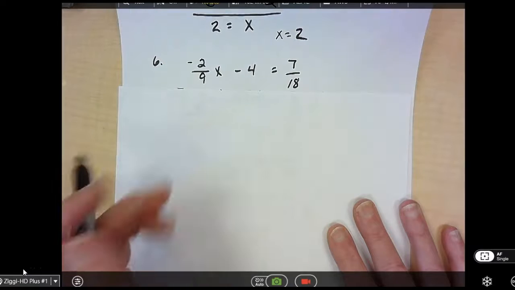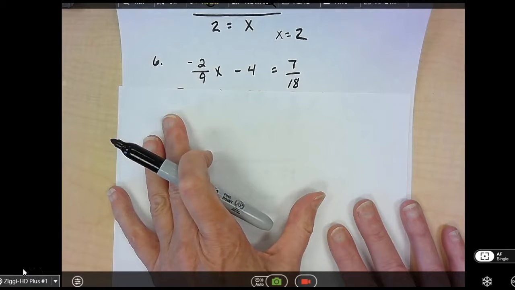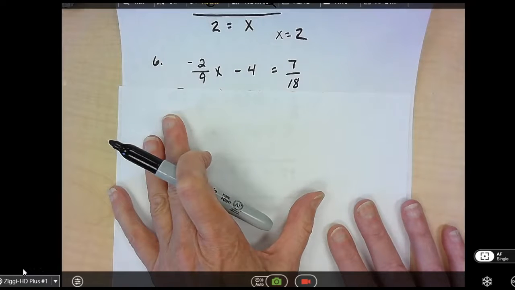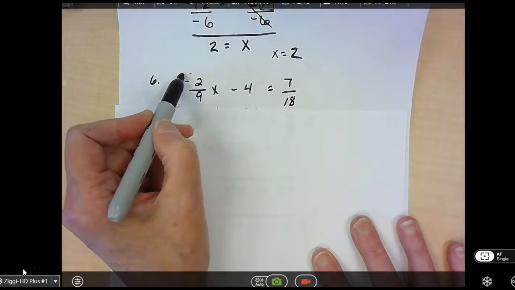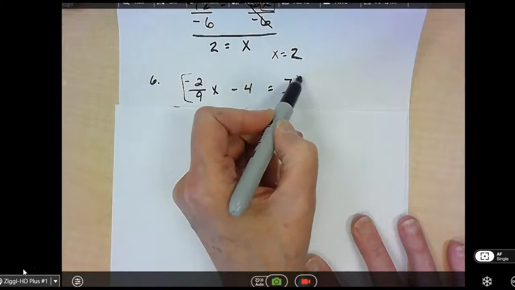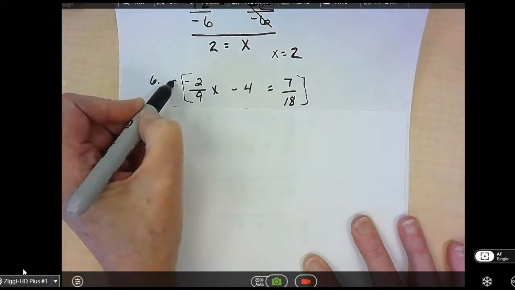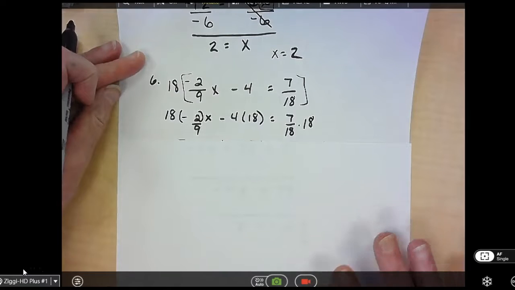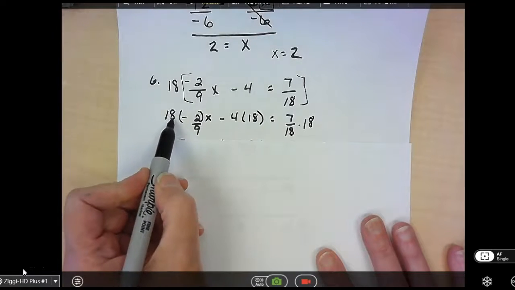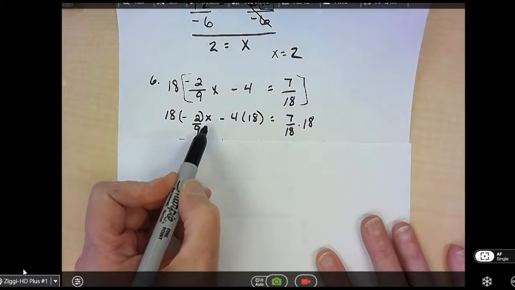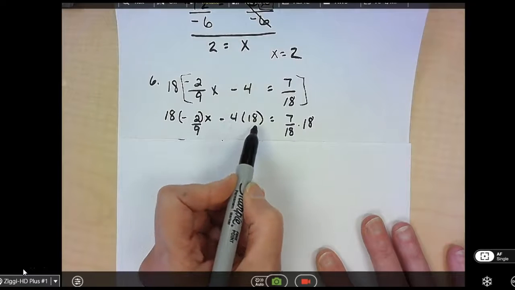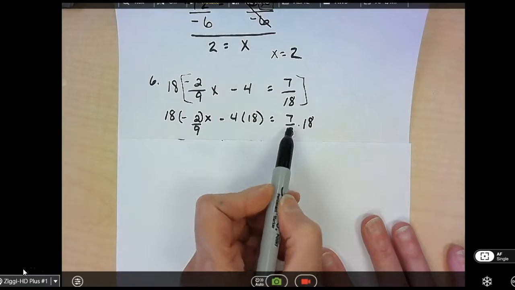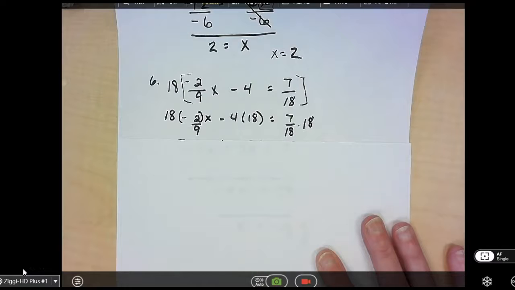So common denominator is 18. So I want to multiply every single term in this problem by 18. So when I do that, I already wrote it out, 18 times the -2/9 x, minus 4 times 18. The 7/18 gets multiplied by 18.